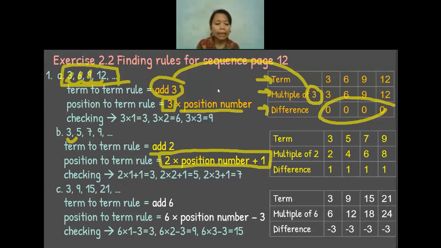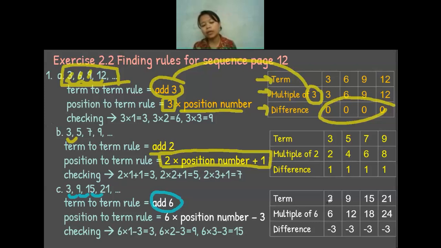For question C, same. We have to find the term to term rule still. So 3 to 9 is add 6. 9 to 15 add 6. 15 to 21 add 6. Because it is add 6, later on the table we have to find multiple of 6. When we already have the multiple of 6, we make the table using the terms and multiples of the number given.